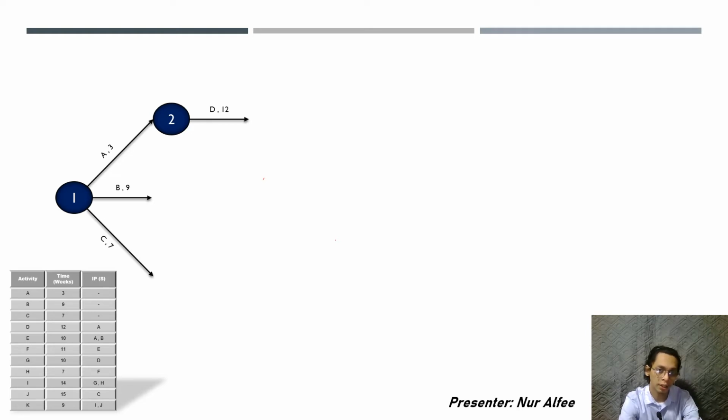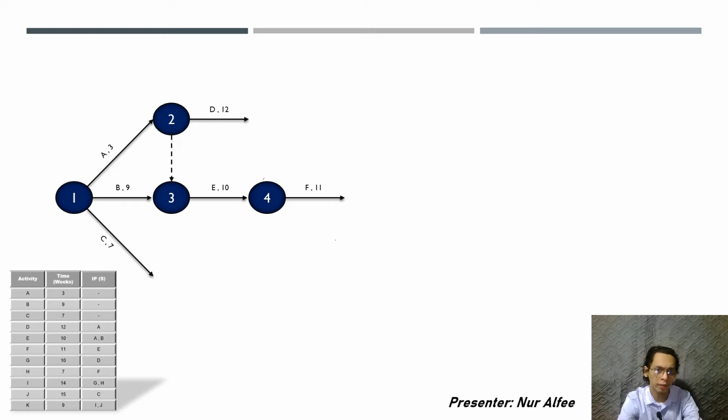We have the third event first, and then here is the dummy, and then event 3 comes with activity E for 10 weeks. Next is activity F, which came from activity E. This one is really straightforward. So we draw the fourth event with activity F for 11 weeks.